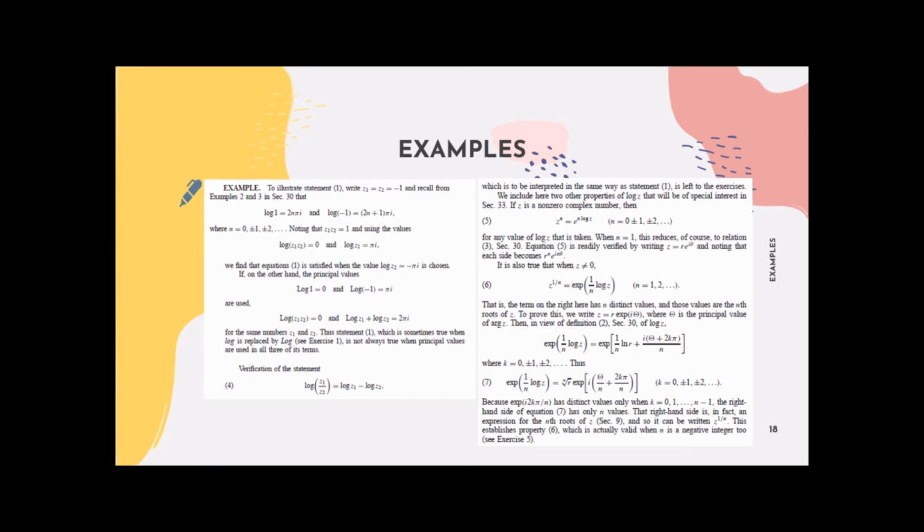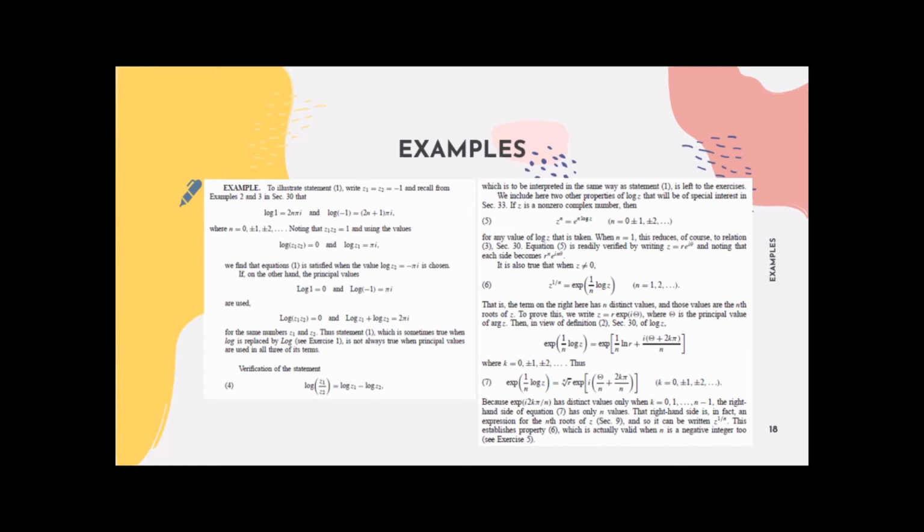Thus, exp((1/n) log c) = the nth root of r times exp[i(θ/n + 2kπ/n)], for k = 0, ±1, and so on, because exp(i2kπ/n) has distinct values only when k = 0, 1, and so on until n-1. The right-hand side of equation 7 has only n values.